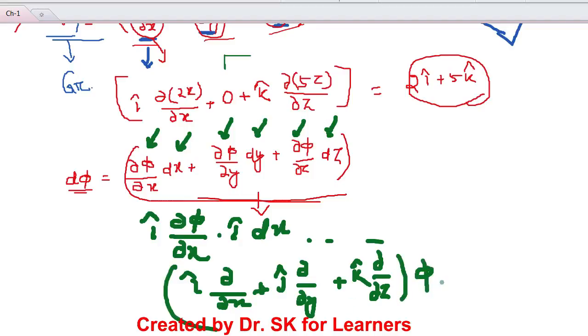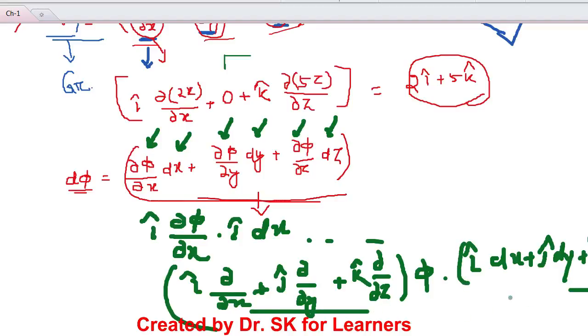This is a vector quantity now, and you're multiplying with I cap dx plus j cap dy plus k cap dz. So you are multiplying two vector quantities in a scalar product to get this scalar quantity. So that is what it means.